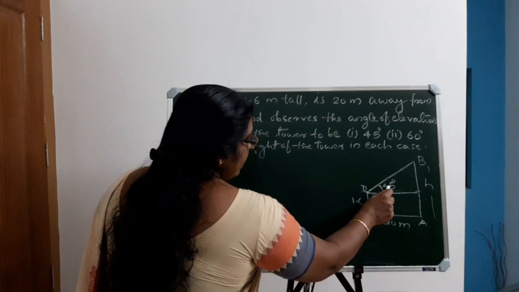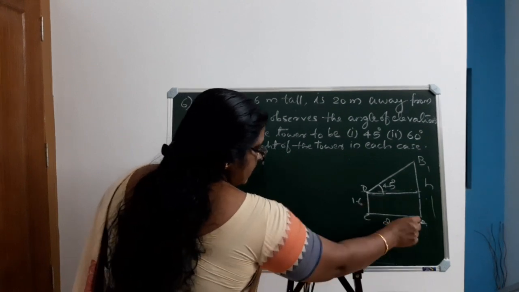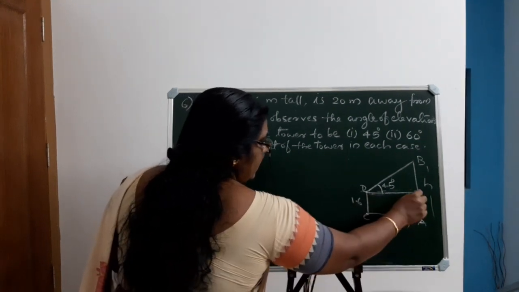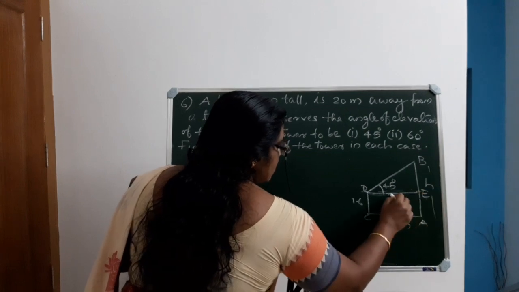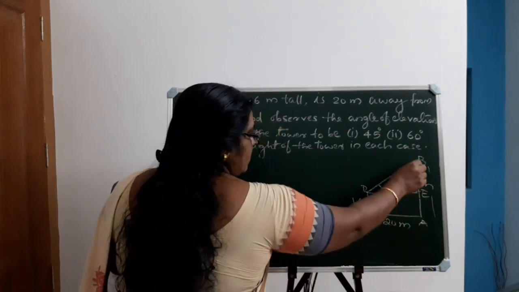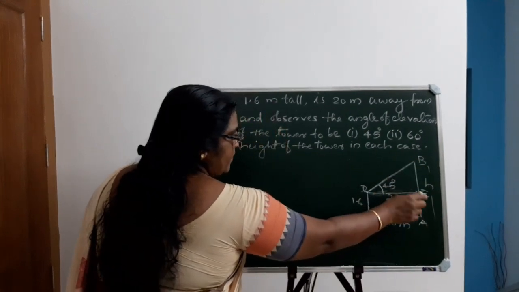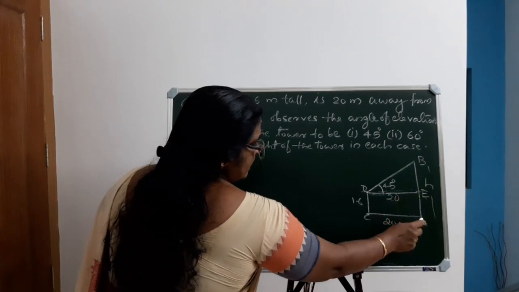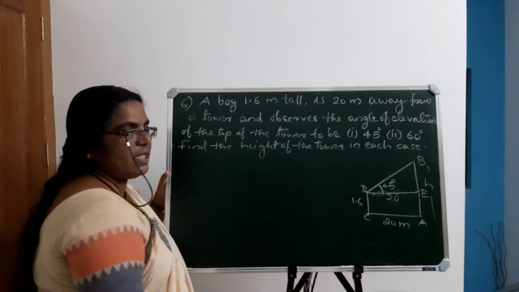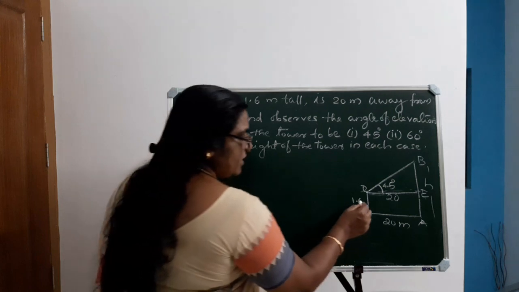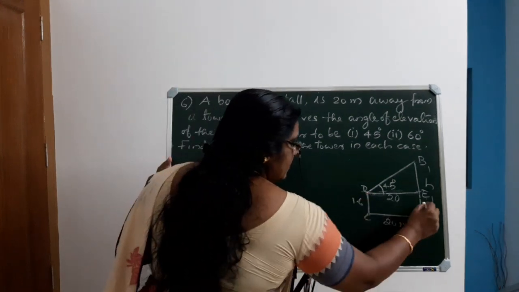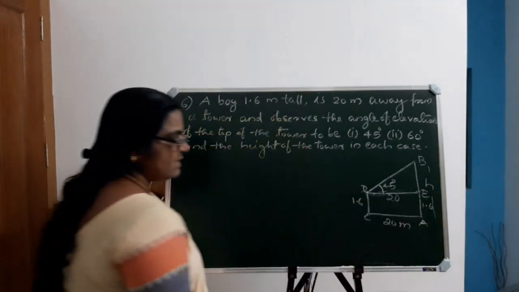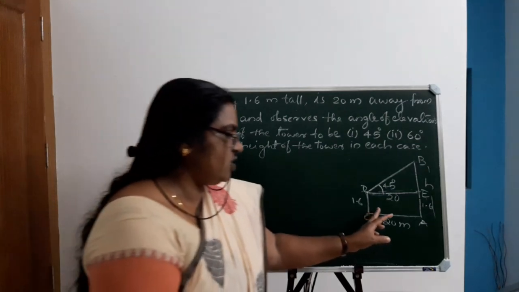Here 45 degree angle given and AC 20. Therefore BE also 20. So first we can find BE, then add 1.6 with that BE. You will get AB, height of the tower. This is 1.6. Therefore this also 1.6, because it is a rectangle.